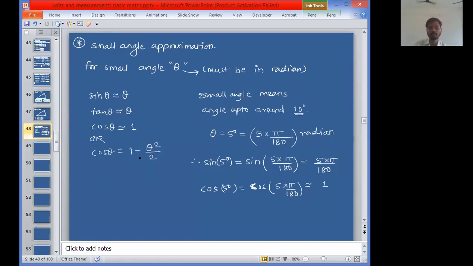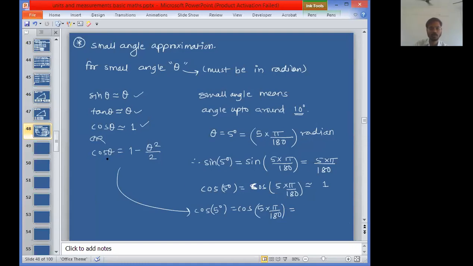Okay. But sir, if we want to consider this, in that case, what we have to write? In that case, most of the time we are going to use this and this. Okay. But now if we want to use this, in that case, what we have to do is this. Cos of 5 degree. 5 degree is a small angle, sir. So convert that into radian. 5 into pi by 180. So the answer will be what?